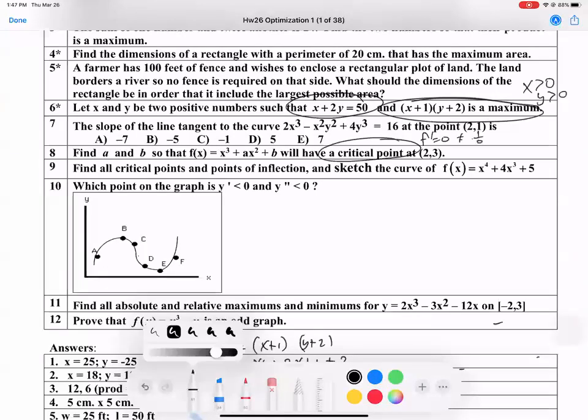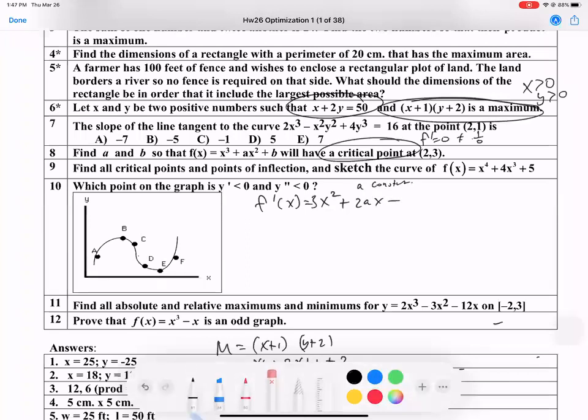Okay. So to get there, we're going to just do the f prime of x is equal to 3x squared plus, a is a constant, so we can leave it alone, so it's 2ax plus b is a constant, so that goes away.